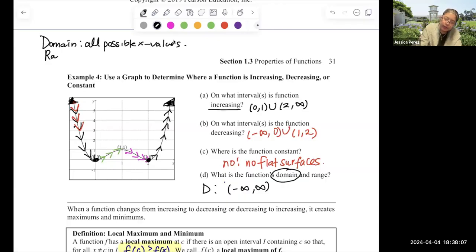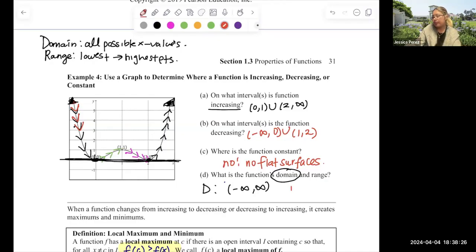The range is the lowest to the highest point. The lowest point on your Y value is 0. Your range is from 0 to infinity, including 0, because you are allowed to be 0 on your Y.